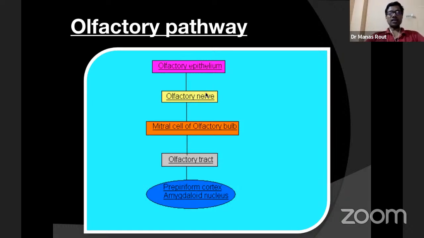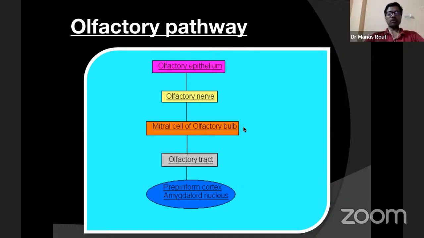Inside the intracranial cavity, the nerve from the epithelium, having passed through the cribriform plate, meets the mitral cell, the second order cell, where it forms the synapse, and the second order neuron starts. Where it forms the synapse, it forms an elevation which is called the olfactory bulb.